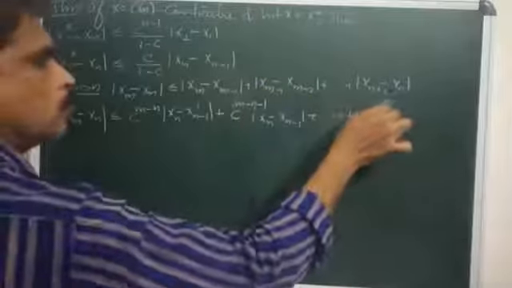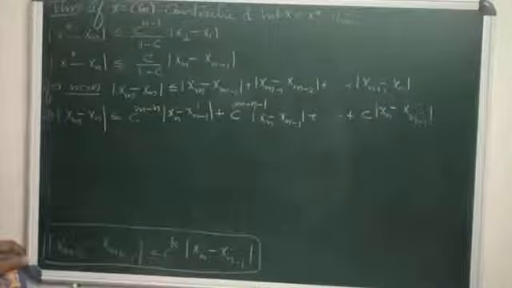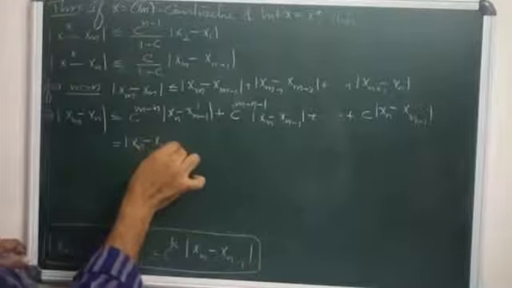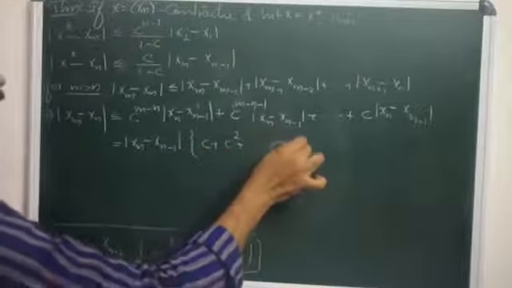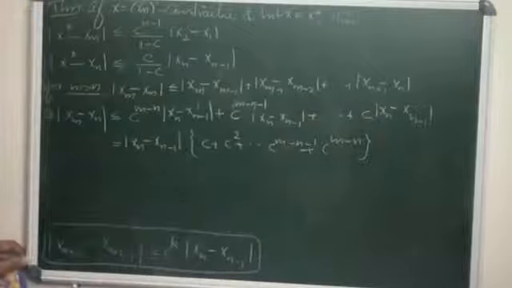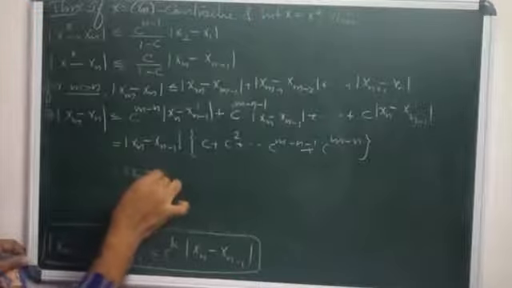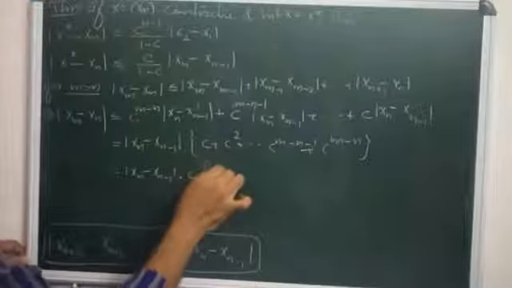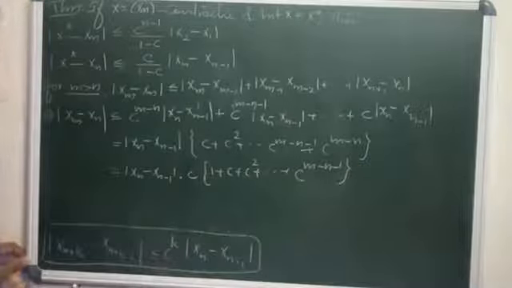It is c into modulus of x_{n+1} minus x_n. Clear? So that equals modulus of x_n minus x_{n-1} into c plus c squared plus etc. plus c^{m-n-1} plus c^{m-n}. Taking a c outside, it is c into 1 plus c squared plus etc. plus c^{m-n-1}.